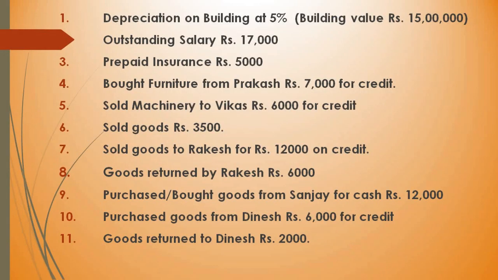So next entry. Bought furniture from Prakash, rupees 7,000 for credit. The two accounts here are furniture and Prakash account. Furniture under fixed asset and Prakash under sundry creditors. So we have to create these two.